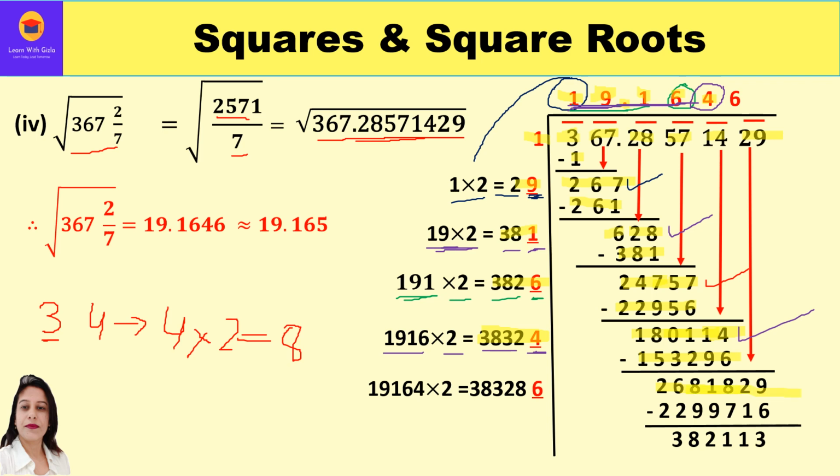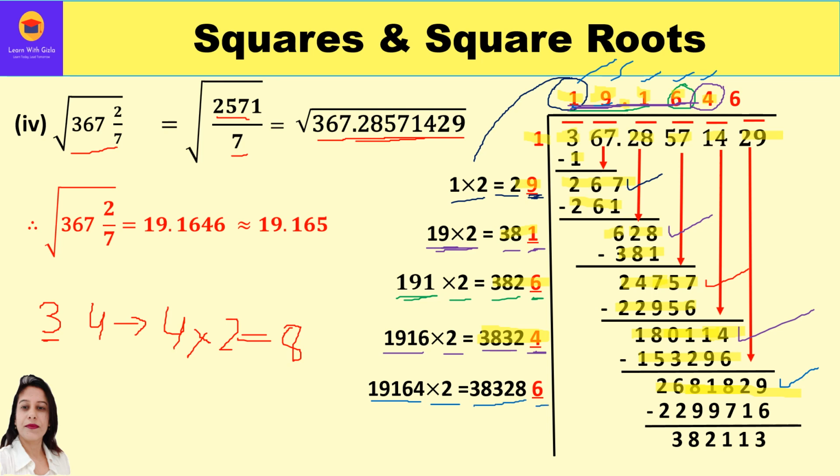So now I can say that my new dividend is 2681829, for which I need a divisor to solve. Now if you see the quotient, we have now 1, 9, 1, 6, 4. So we will take 19164, multiply by 2, we will get 38328.